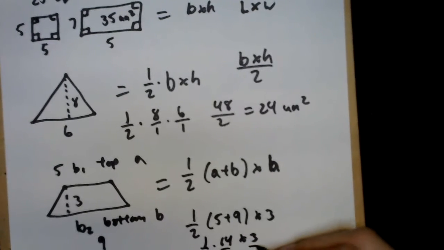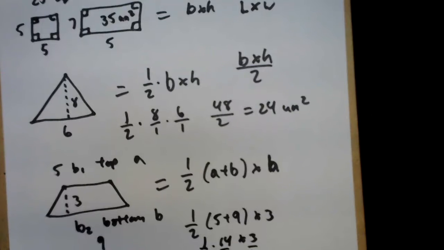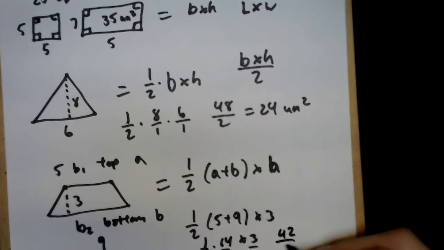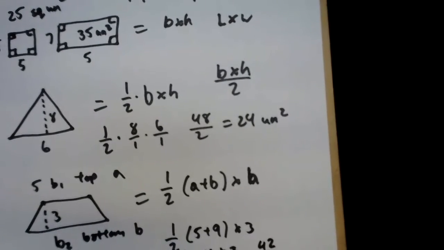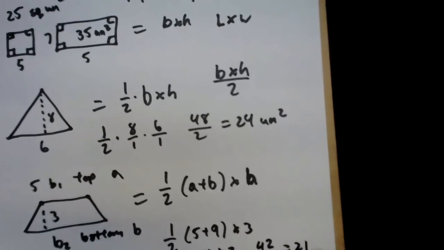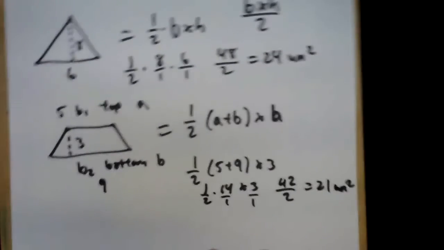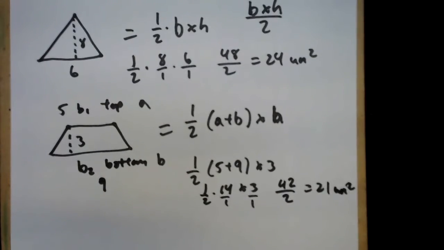You can put this all over 1 and say that 1 times 14 is 14. 14 times 3 is 42. 42 over 2 is 21. So the area of that will be 21 units squared.